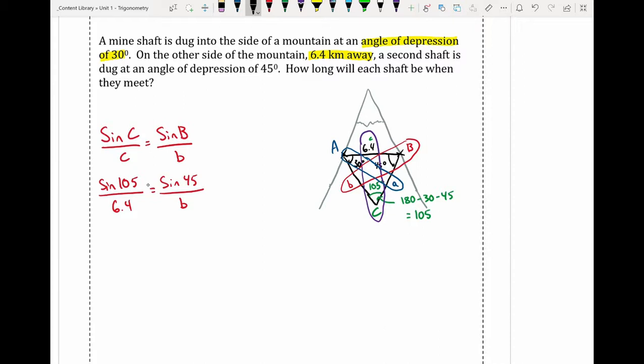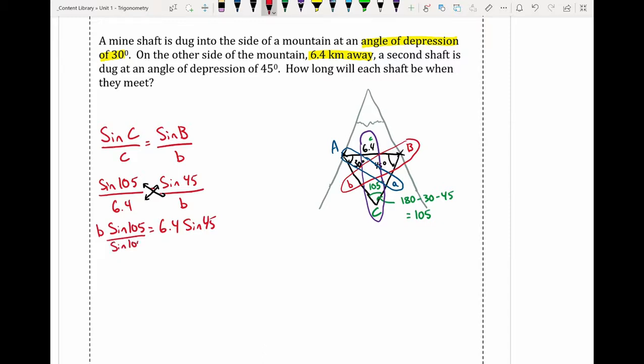First step here, once we fill in the information, is cross multiply. I'm left with b times sine 105 equal to 6.4 times sine 45. The next step is we want to get rid of the sine 105. Whether you move it across or you divide both sides by it, same thing.